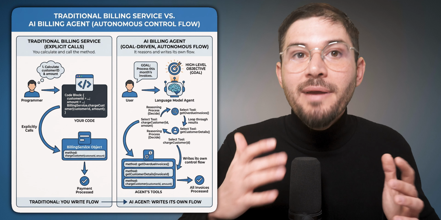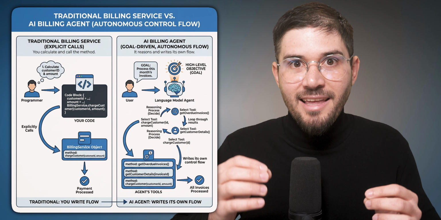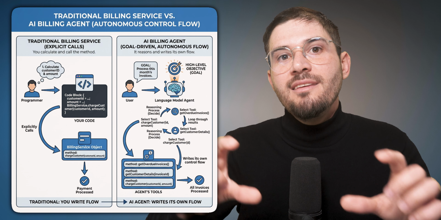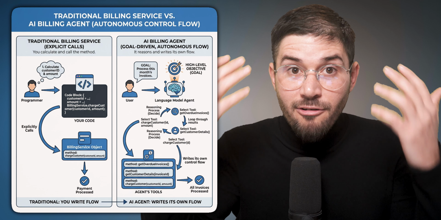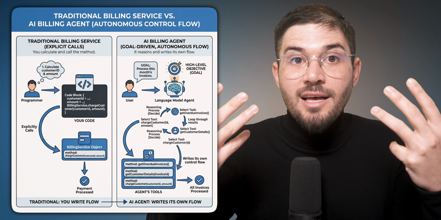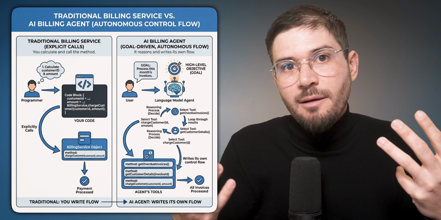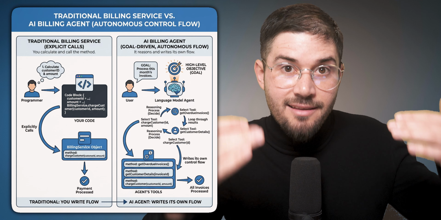Now, imagine a billing agent. You give it the goal, something like, okay, let's process this month's invoices. And the agent, using its reasoning capabilities, might first decide to use, for example, a get overdue invoices tool from the list.